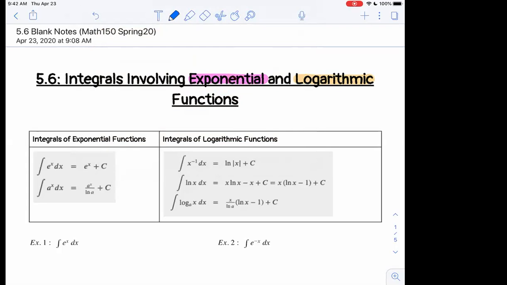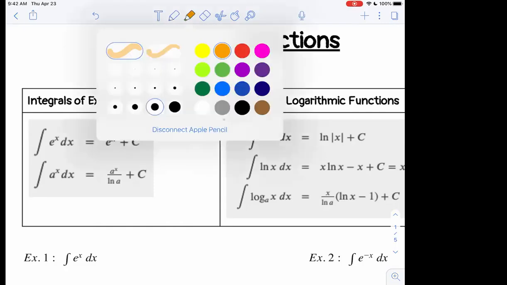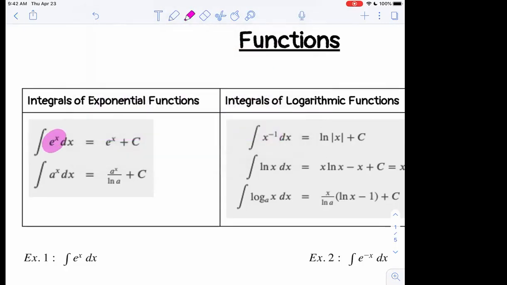All right, so I'll give you a moment to copy these down, but we're going to start with integrals of exponential functions. With integrals of exponential functions, there's two main cases that you see here. The most common one that you're going to see is when you have an exponential function with a base of e. So this e to the x is probably the most common. The nice thing about that is the integral of e to the x is e to the x plus c. Now, when we have a different base, every once in a while we deal with a different base.